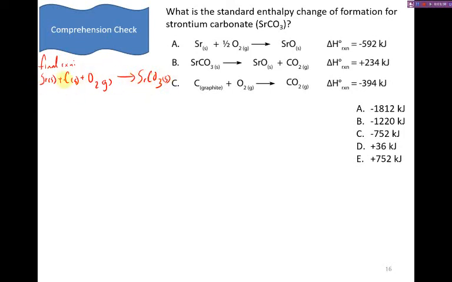We have one strontium, one carbon, but the wrong number of oxygens. We cannot change the value on the right. It must be 1. So we're going to end up with 3/2 oxygen on the left. And that's okay, because the definition is that we need to use elements in their standard states and form 1 mole of product.